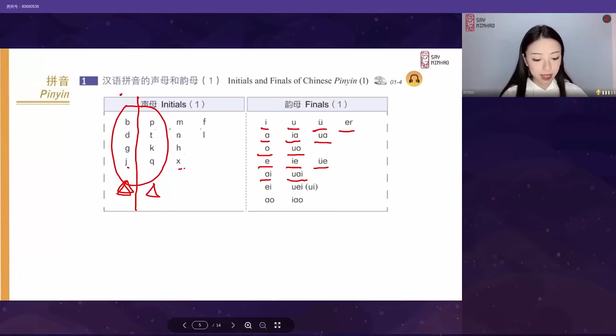Next one, a. A sounds like English A. Next one is ui.